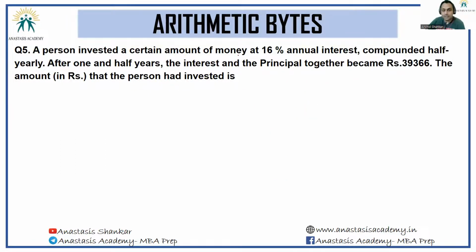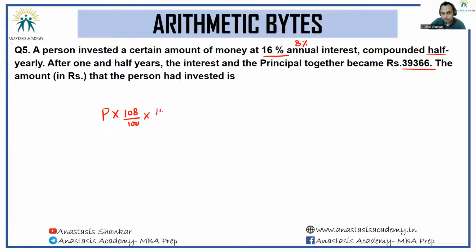A person invested a certain amount of money at 16% annual interest compounded half yearly. After 1.5 years, the interest and the principal together became 39366. The amount in rupees that the person had invested is. Okay, let's see. Whatever his principal was, because the compounding is happening half yearly, his effective rate of interest is 8%. So principal into 108 by 100, and this is happening for 1.5 years.